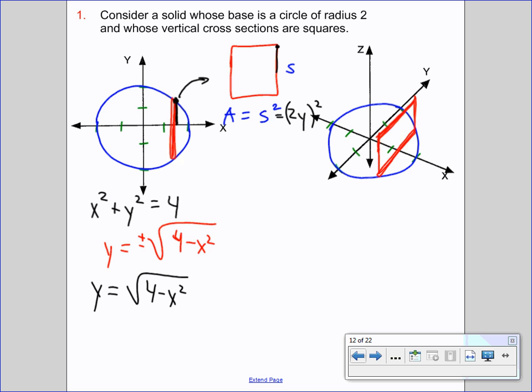Now let's go ahead and write my area, my area of a typical slice as a function of x. And so we'll rewrite this 2y squared, but instead of putting y, we're going to put what? We're going to put square root of 4 minus x squared, absolutely.